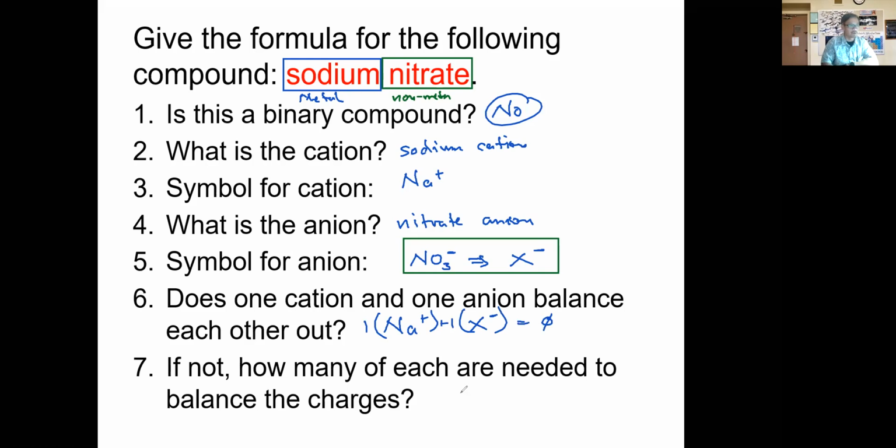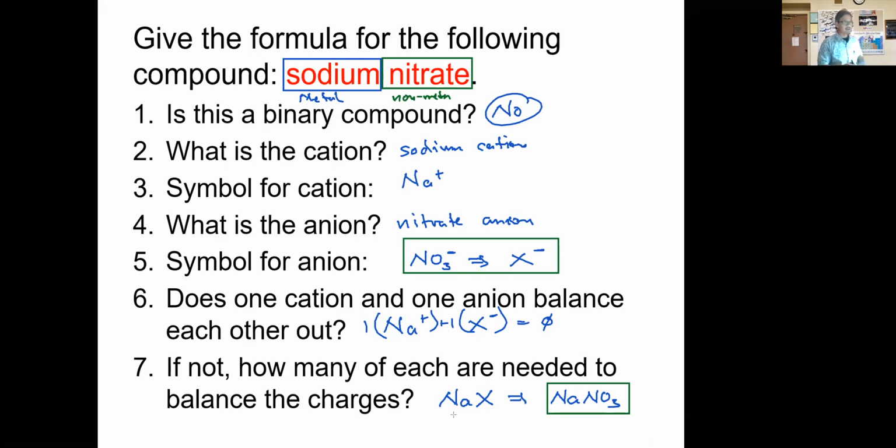Therefore, we only need 1 sodium and 1 X to balance it out. Let's substitute that X back in. So we have NaNO3, and that is the formula for sodium nitrate. You have to make sure you keep that in mind when you go about doing this.